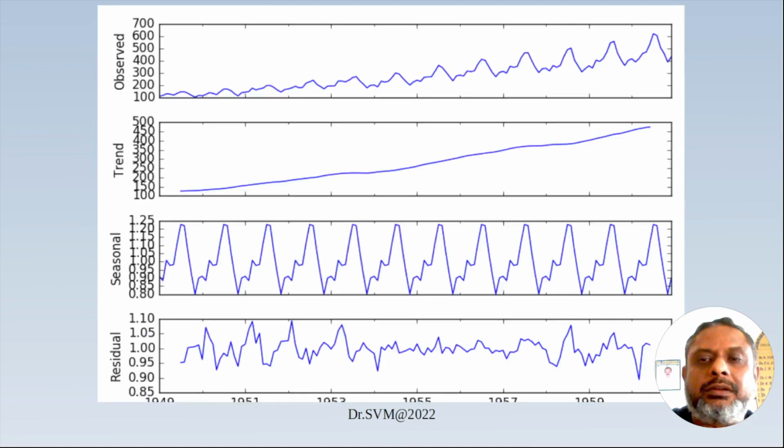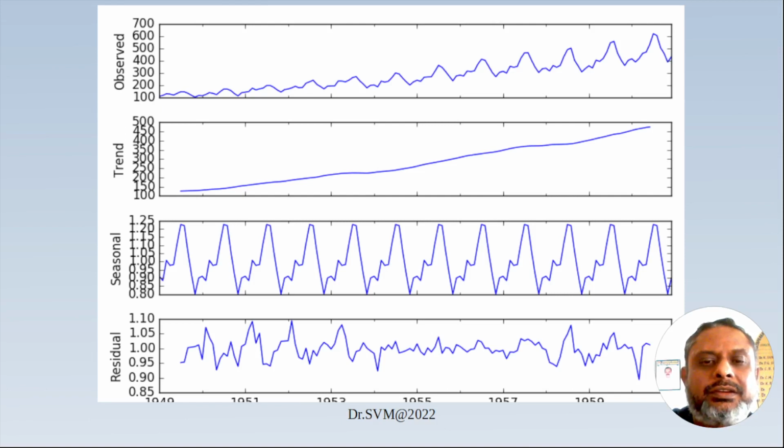This previous example is given on the top. From that we have extracted the trend, which is almost linearly increasing. Once that trend is subtracted from the total data, we find some oscillatory behavior.